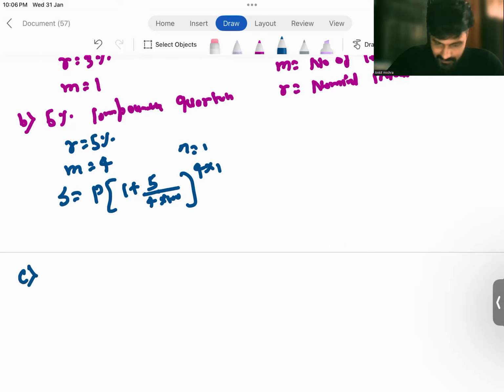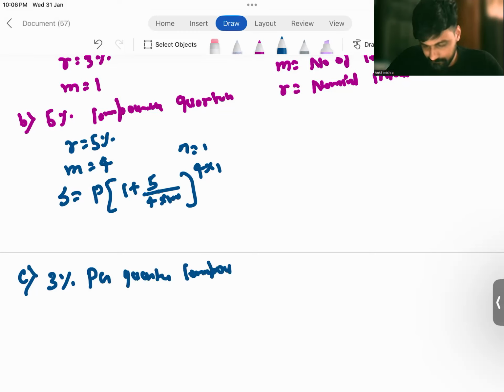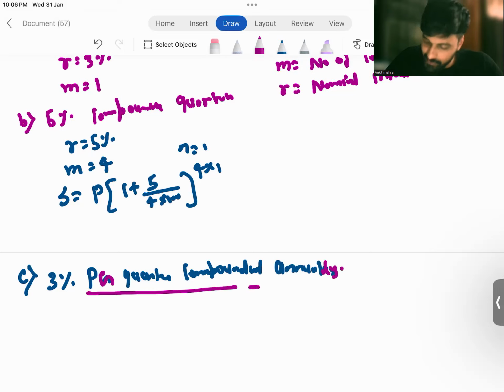Now third, let's say they are giving you 3% per quarter compounded annually. This is very important to understand. Here they are giving you 3% per quarter and compounded annually, so compounding is done on an annual basis, right?